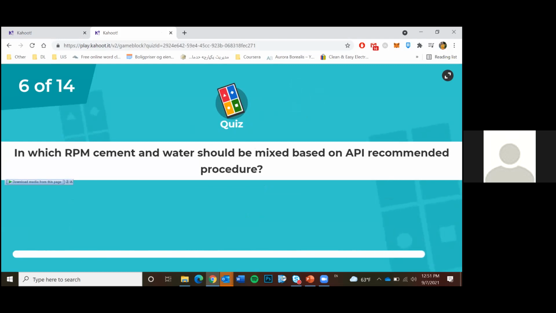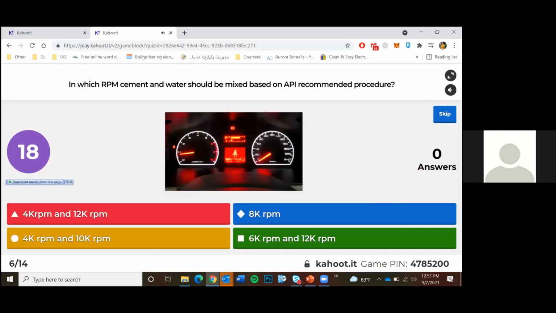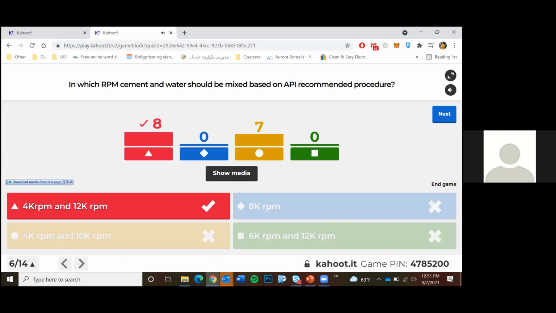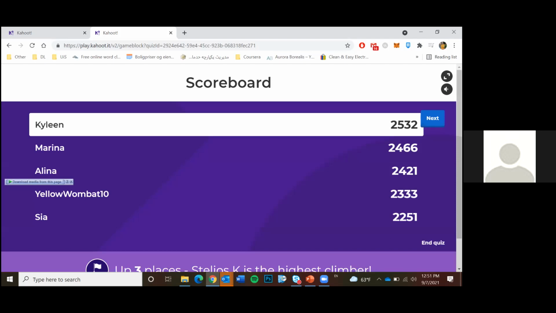In the API recommended procedure, at which RPMs do you mix the cement? Yeah, 15 seconds at 4,000, and 35 seconds at 12,000 RPM.